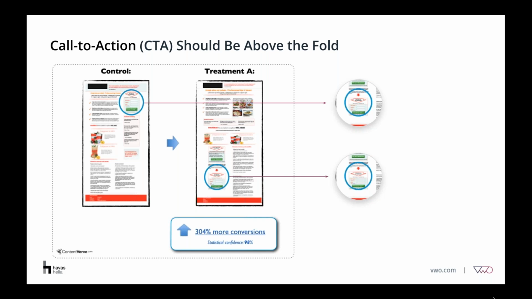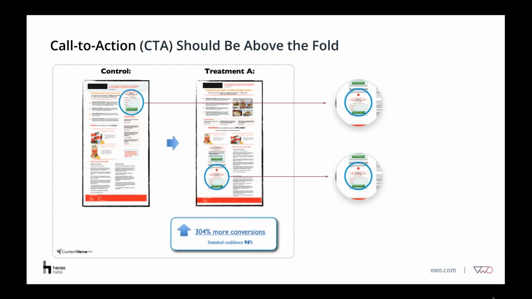And surprisingly, the variation where the CTA was below the fold got 304% more conversion.